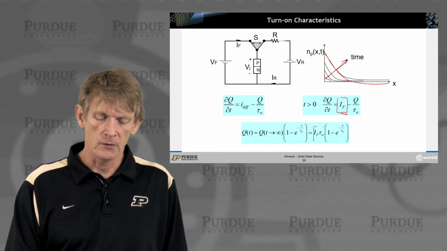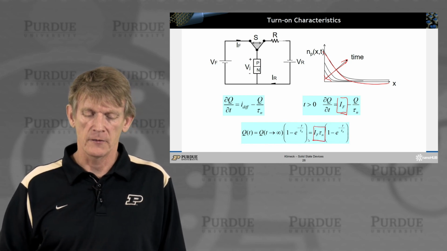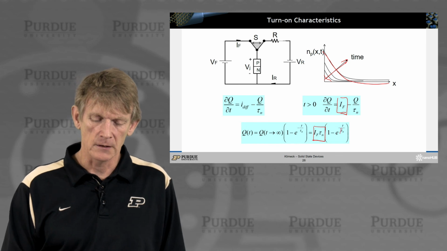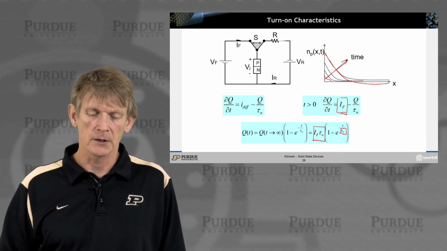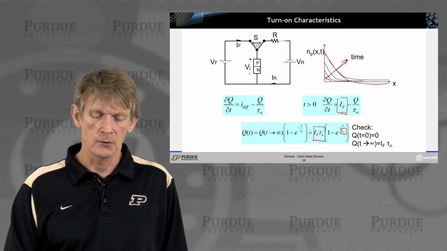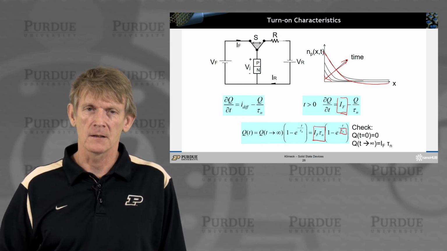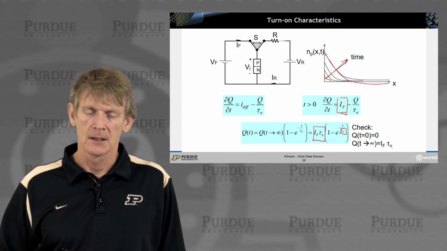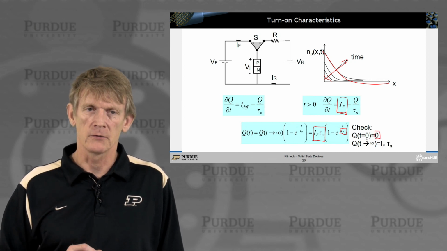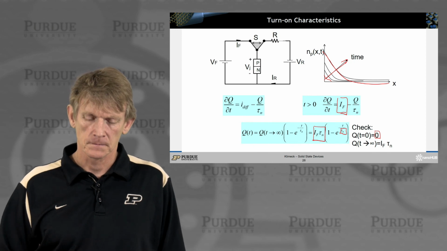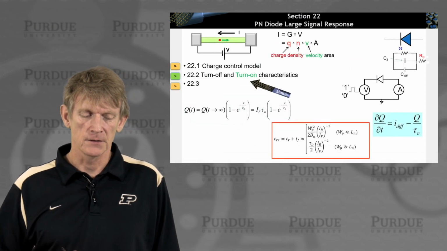At the end, we reach the final charge, and it's driven by the minority carrier lifetime. Okay, and from there, of course, we can calculate this distribution again. We can check that the boundary conditions make sense. So as we switch, there is no charge because we were in reverse bias, and this makes sense.